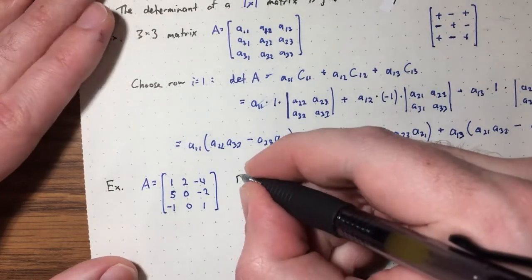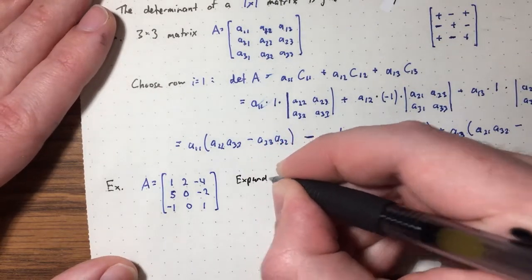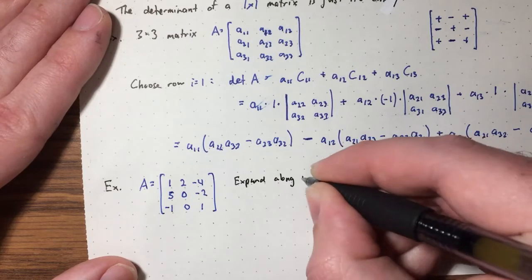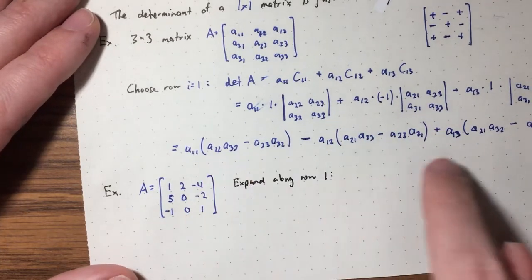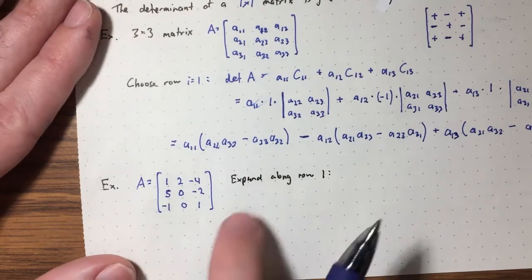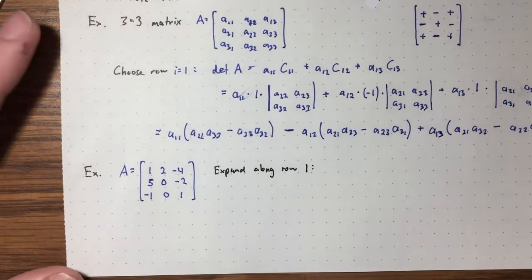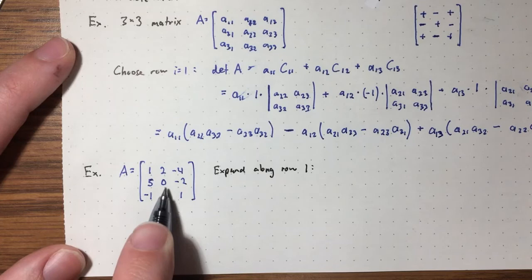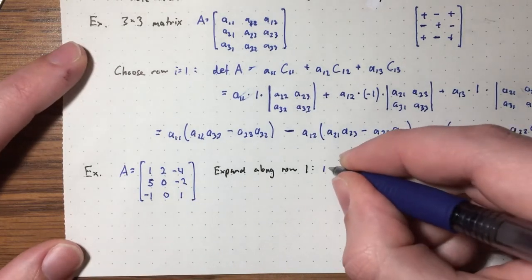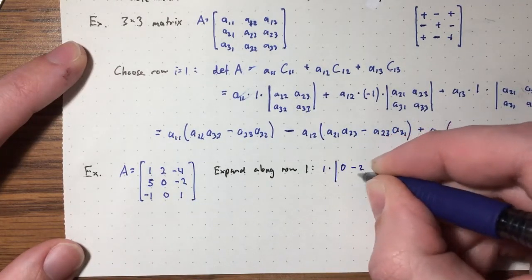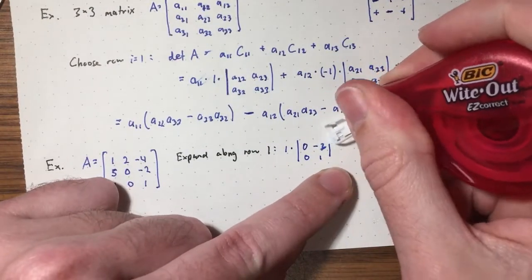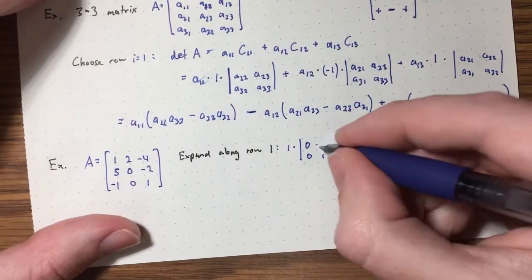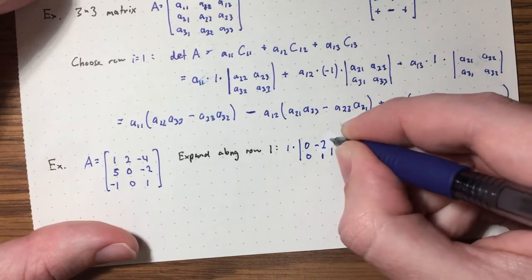So let's do this two different ways. First we can expand along row 1 like we just did before. And I wouldn't use this formula. I would just do it again from the matrix. It's often easier. So I'm doing 1 times the determinant of this one. You've just got to do several. I didn't want to put that bracket there because I really do want to mean determinant, so it should be straight lines.